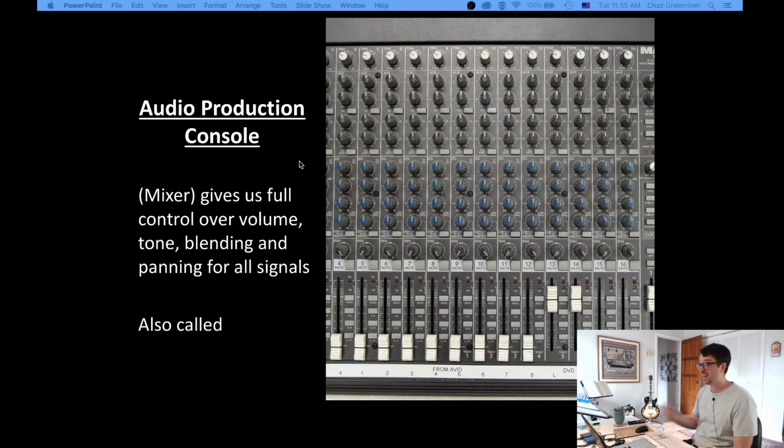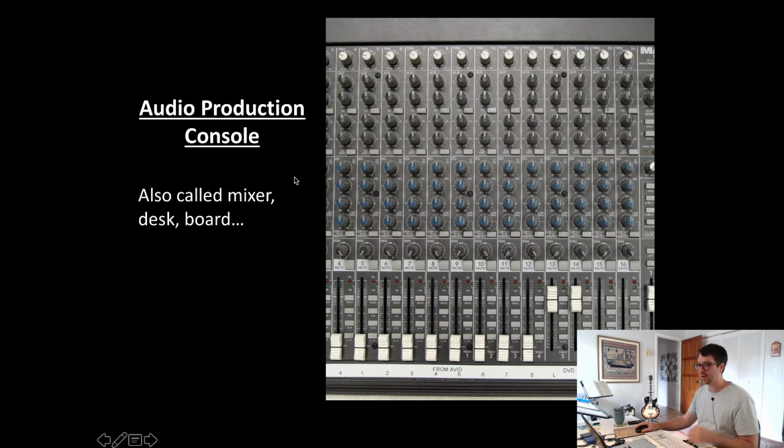I'm calling it a mixer. It's also called an audio production console, a desk, a board, etc. It's one of the major tools, especially in live sound. But in software, we also have versions of mixers.